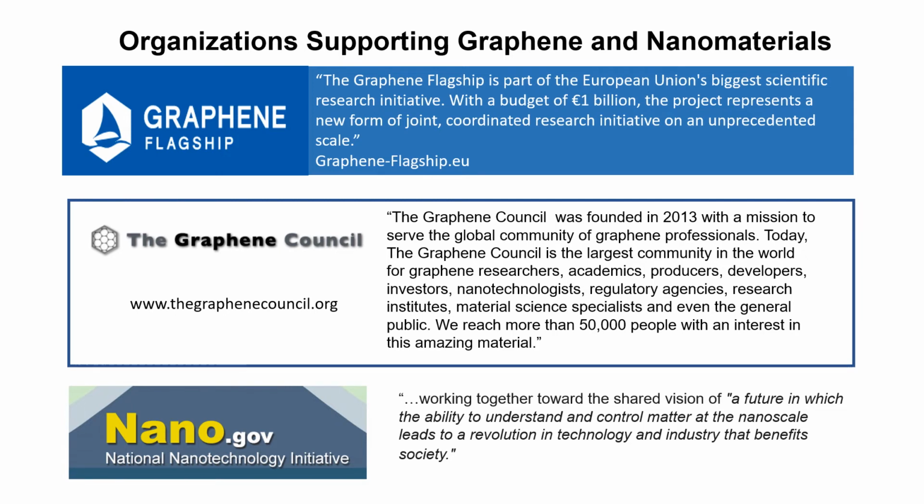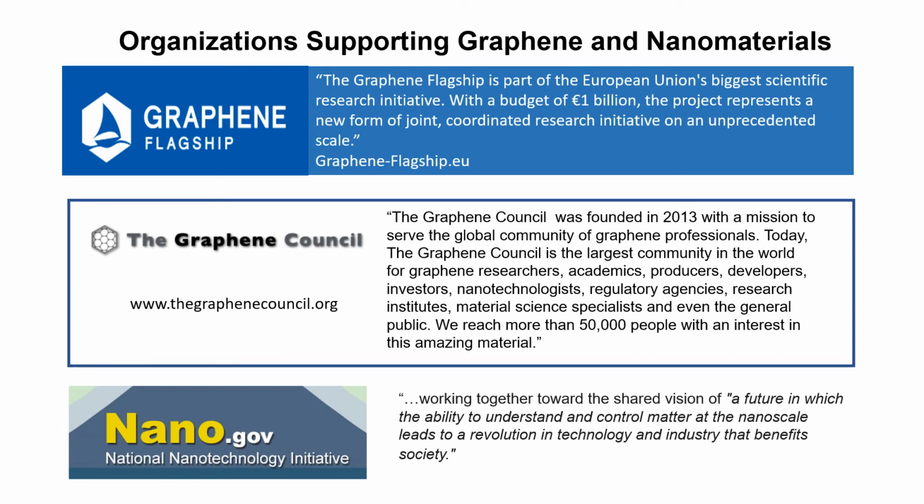And not to be outdone, here in the U.S., the Graphene Council.org was founded in 2013 with a mission to serve the global community of graphene professionals. Today, the Graphene Council is the largest community in the world for graphene researchers, academics, producers, developers, investors, nanotechnologists, regulatory agencies, research institutes, material science specialists, and even the general public, guys like me.